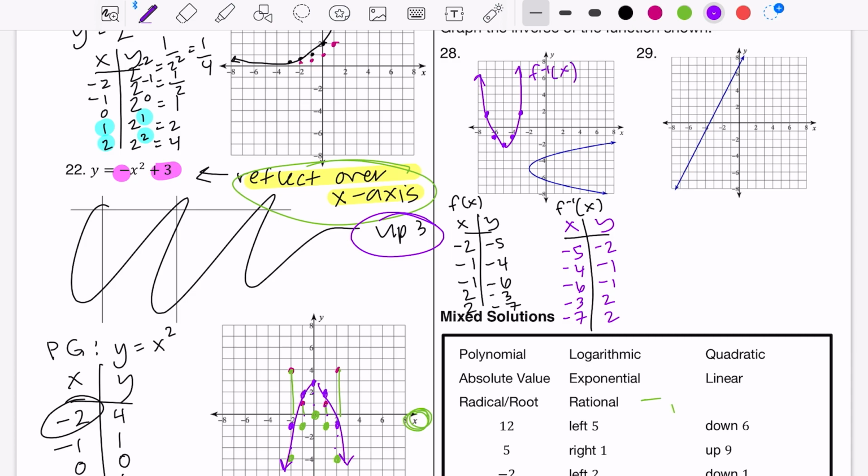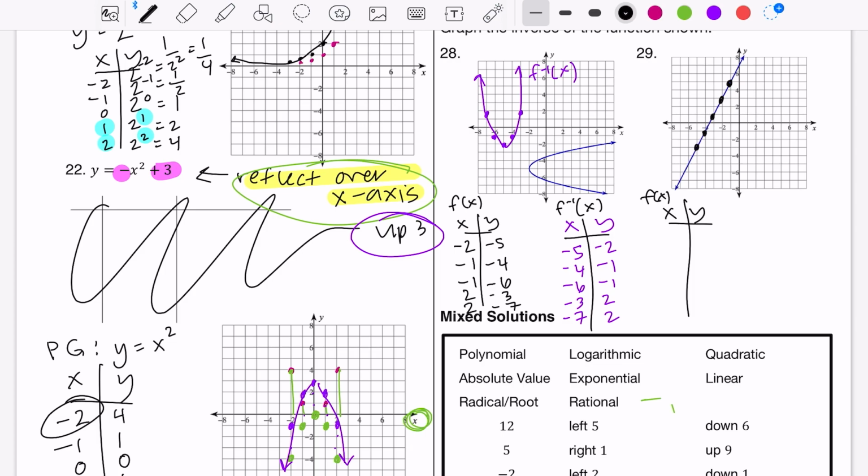Make a table, switch x and y. For the next one, same exact thing. I'm going to identify some key points on here. That one looks good. That one looks good. That one looks good. I usually recommend you pick 5 unless you can't pick 5, but generally speaking, 5 is always the way to go.